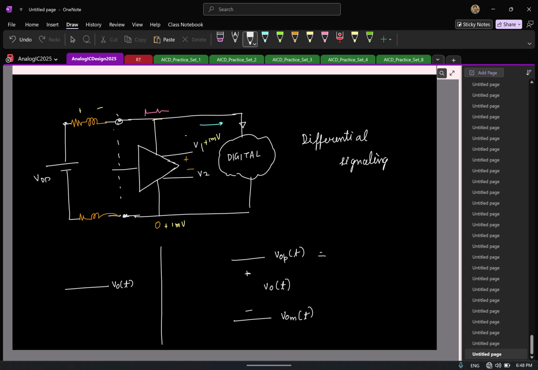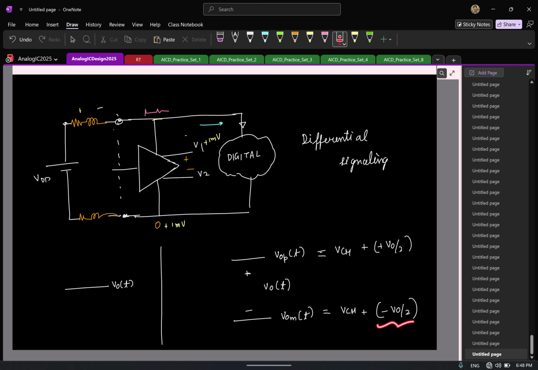So typically we do the following. We say it is plus VO by 2 and minus VO by 2 and add a common mode voltage on top. So you have a DC bias. On top of it, you have plus half of the output.